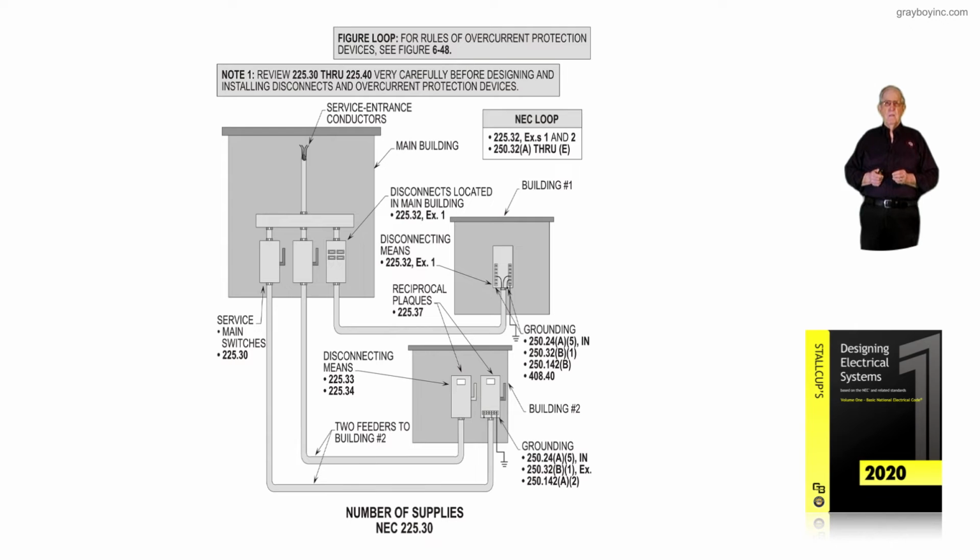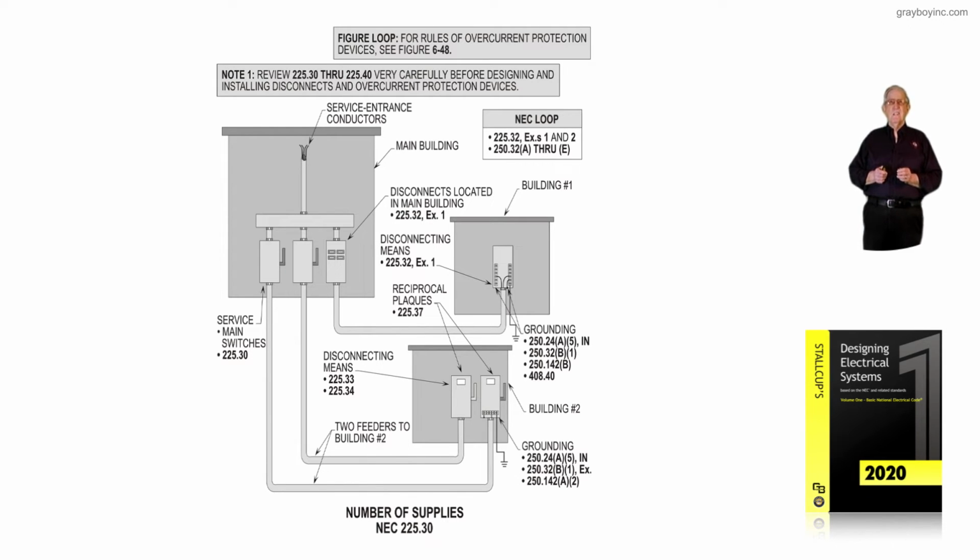But notice you're either tied to one main, as you see in building number 2, or we're connecting the panel in building number 1 as a sub-panel, and if we apply exception 1, by the approval of the authority having jurisdiction, we could have more than one main if it was an industrial site.